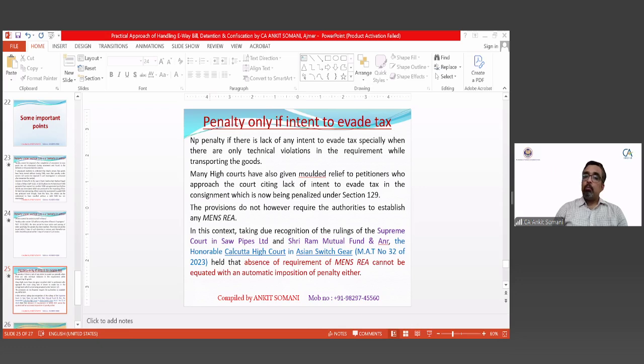Again, further, you can refer to the promising Allahabad High Court judgment of Varun Beverages. A wrong vehicle number was mentioned in the e-way bill. Mentioning a wrong vehicle number in an e-way bill is absolutely a human error. This can always be considered an inadvertent error, and it never involved any kind of evasion of tax.